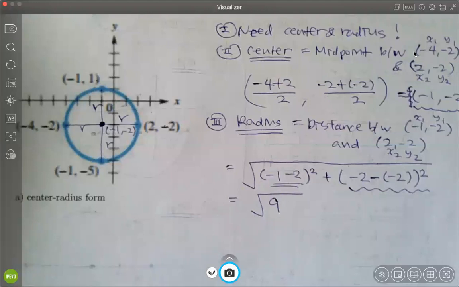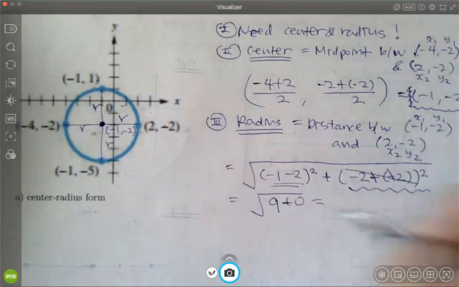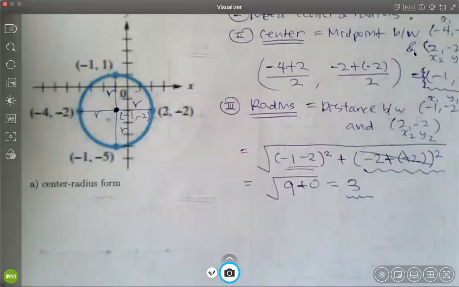Is it 16? Be careful. -2 minus -2 is 0. Yes, negative 2 plus 2, so they just cancel. So square root of 9 plus 0 is just the square root of 9, which is equal to 3. So now, do we have all the ingredients? Yes, we do.